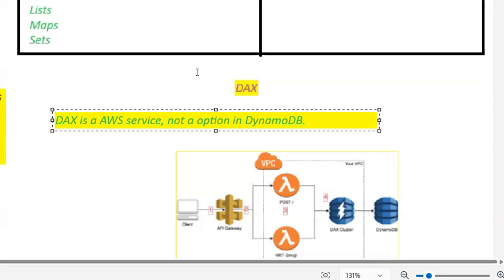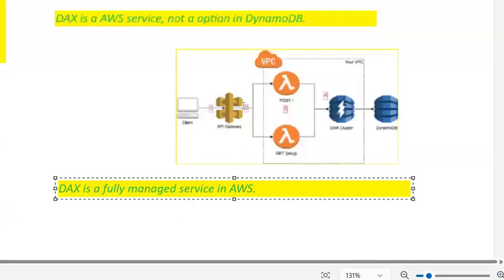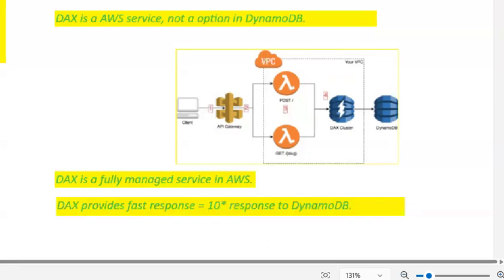Let's write the points that we have seen till now. DAX is a service. It's not a DynamoDB option. This DAX is a fully managed service. That means you don't need to manage the infrastructure of this DAX in the backend.